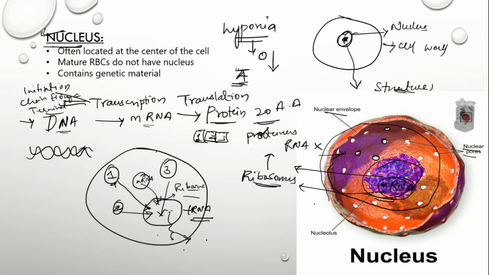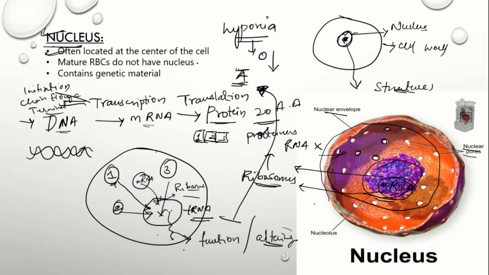This protein molecule performs a particular function through certain mechanisms, and thus a gene expresses itself and its function is performed. Okay, did you understand, students? A simple thing.